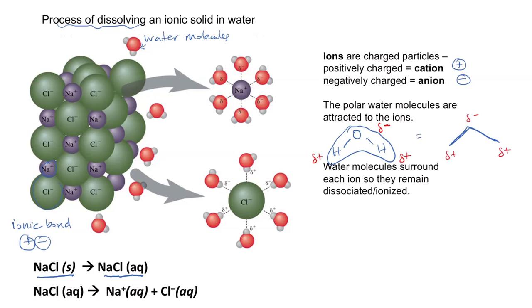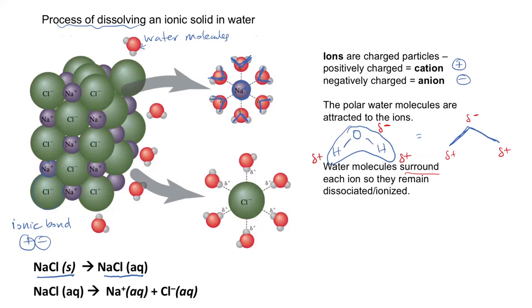Okay, and so the water molecules surround each ion, but not in a haphazard way. The negative end, the pointed end, you can see here, is attracted to the positive ions. So those pointed ends are the alignment of how the water molecules are surrounding the sodium ion. Okay, so this is a positive ion, so it's the negative ends around that.